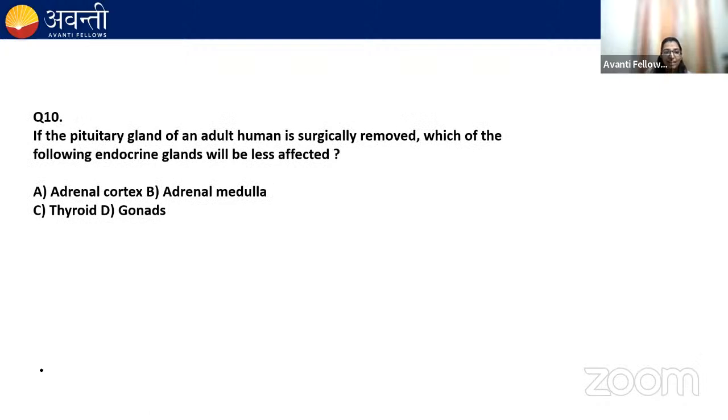If the pituitary gland of an adult human is surgically removed, which of the following endocrine glands would be less affected? Now, we know that the pituitary gland produces a lot of hormones. Number 1, they produce growth hormone.